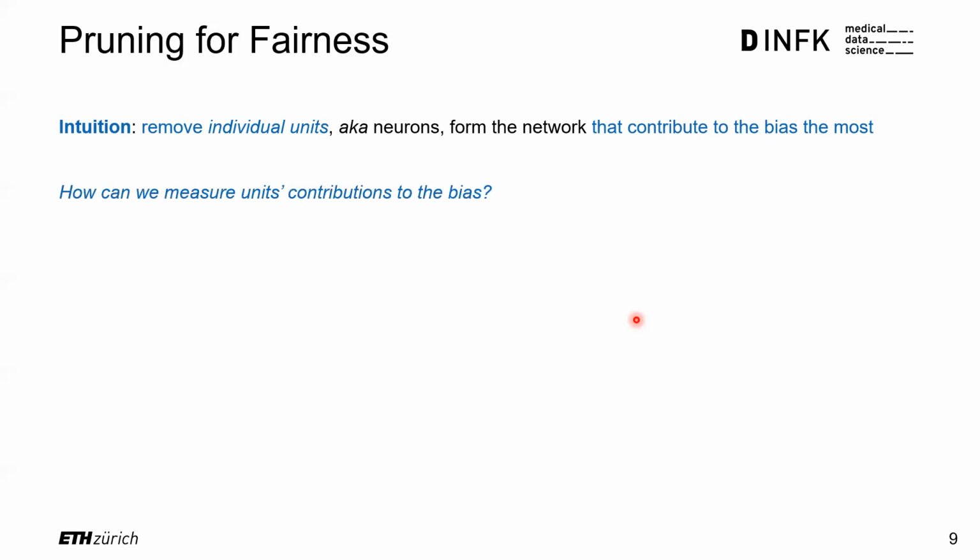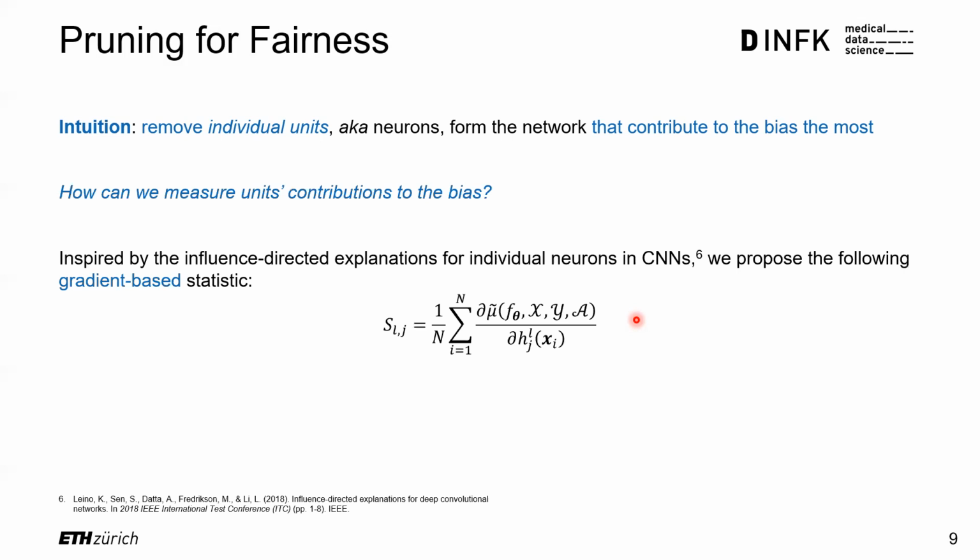But how can we measure units' contributions to the bias? Well, there is a lot of literature out there for interpretability and explainability focusing on attributing importance to individual neurons. And in particular, inspired by some lines of work in the previous literature, we propose the following gradient-based statistic to measure the influence of a single unit with respect to the bias.